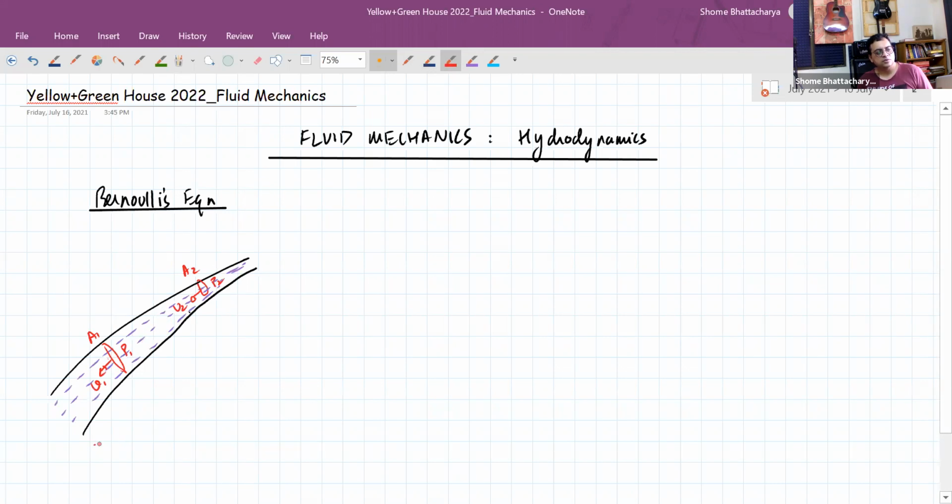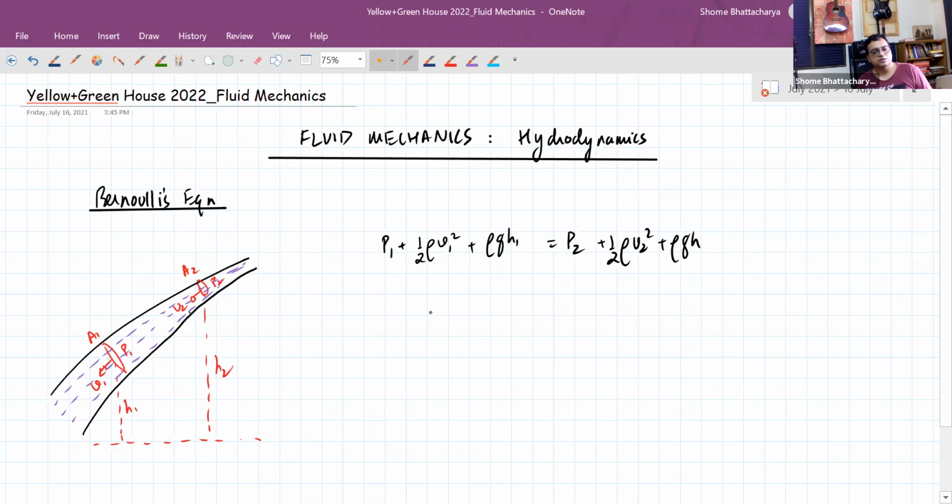And with respect to some reference level, if the vertical heights of these 2 points are also H1 and H2, then we can compare these by saying that the sum of pressure, kinetic energy per unit volume, and gravitational potential energy per unit volume with respect to that reference level is the same at both these points. This is one way of expressing Bernoulli's equation, or we can simply say that you select any point, the sum of these three quantities, the pressure plus kinetic energy density plus gravitational potential energy density, is a constant.